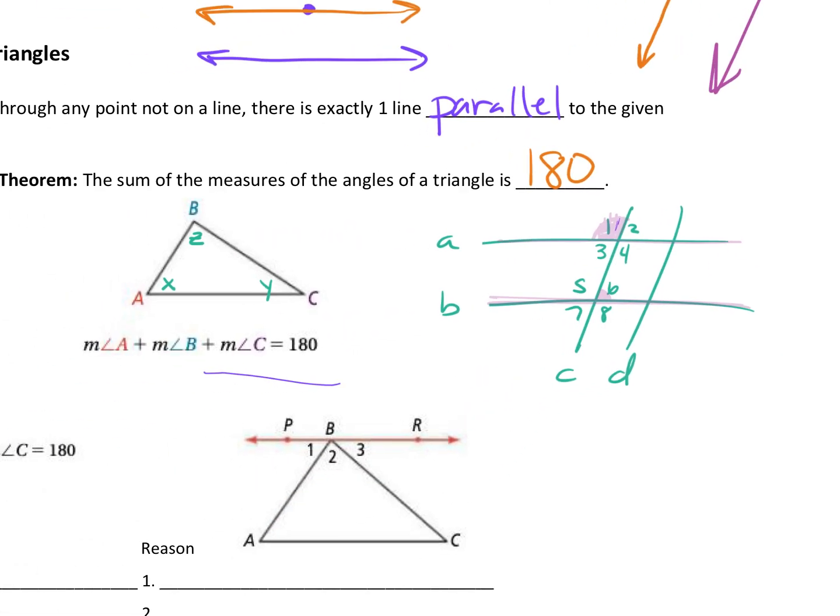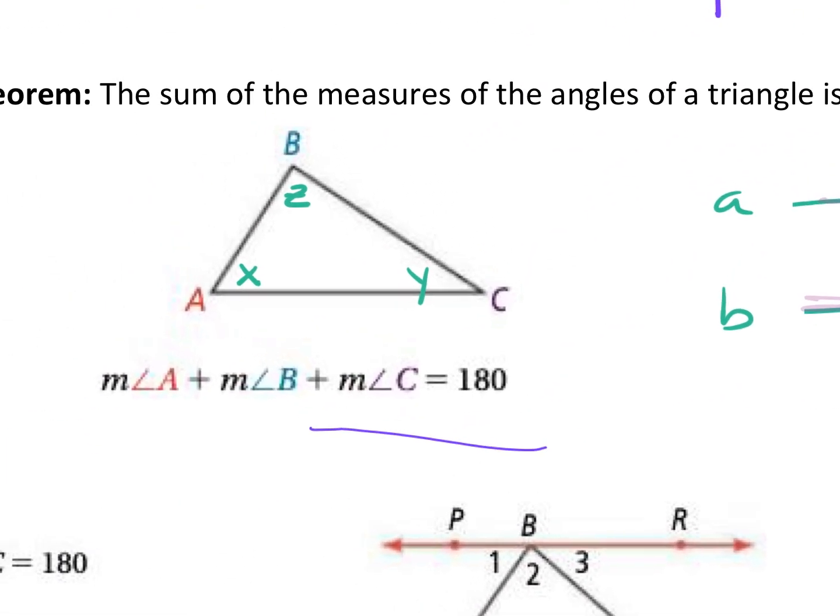Now that we've clarified that, we would say the measure of angle A plus the measure of angle B plus the measure of angle C, or X plus Z plus Y, should equal 180. If I add those three angles up, X plus Z plus Y is going to equal 180.